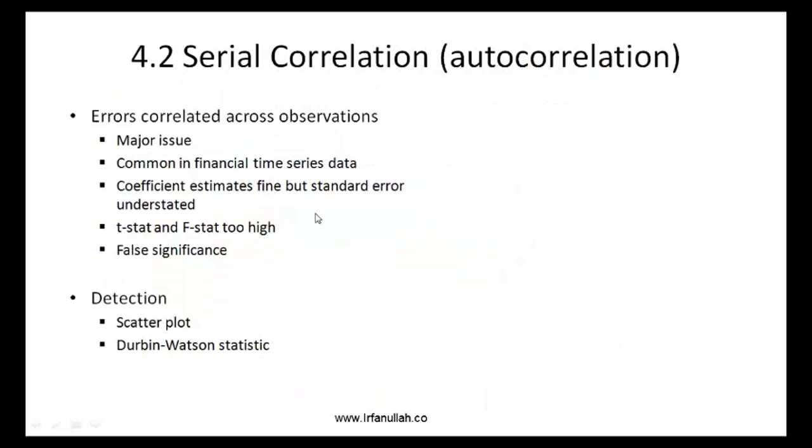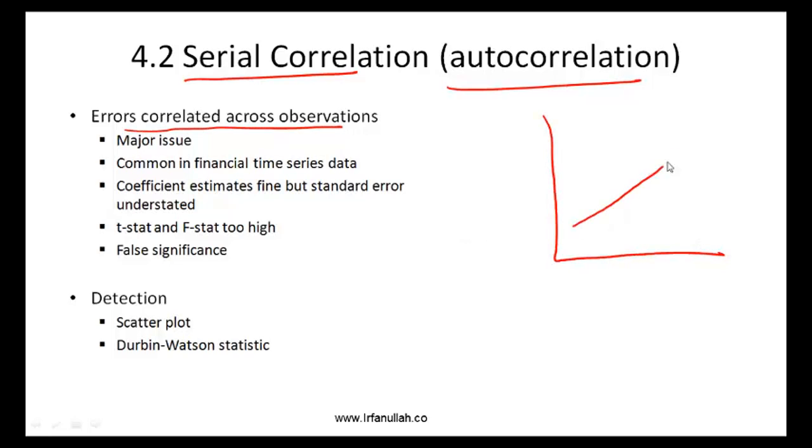Next problem, serial correlation. This is also called autocorrelation. So here the error terms are correlated across observations. What does this mean? This means that if you have data like this, X and Y, given that you have a lot of seasonality in financial data, you might have a situation like this. Now, what is the error term? These are the error terms.